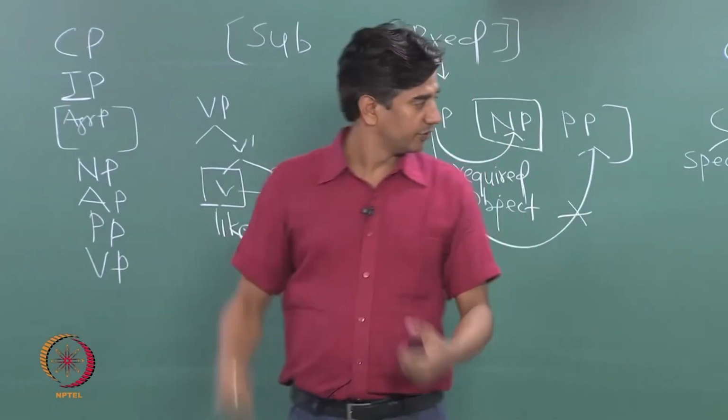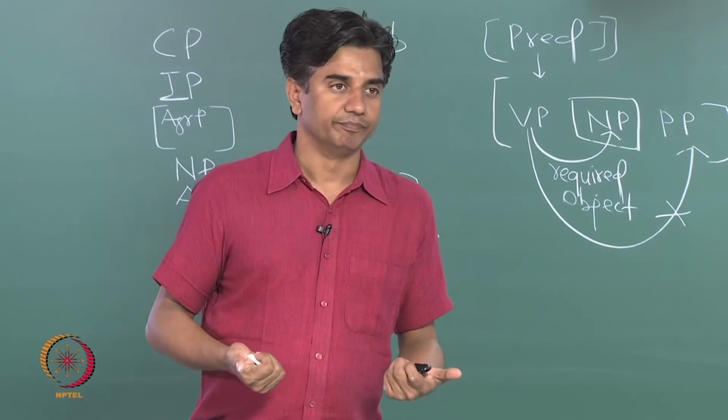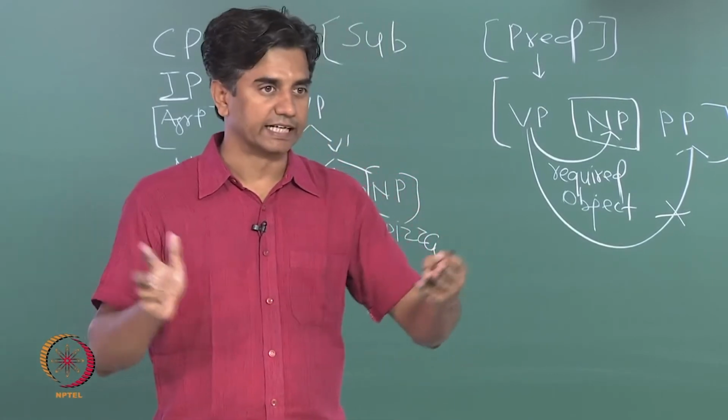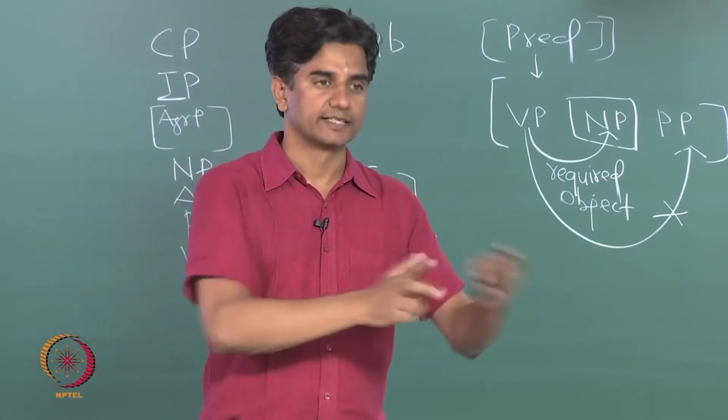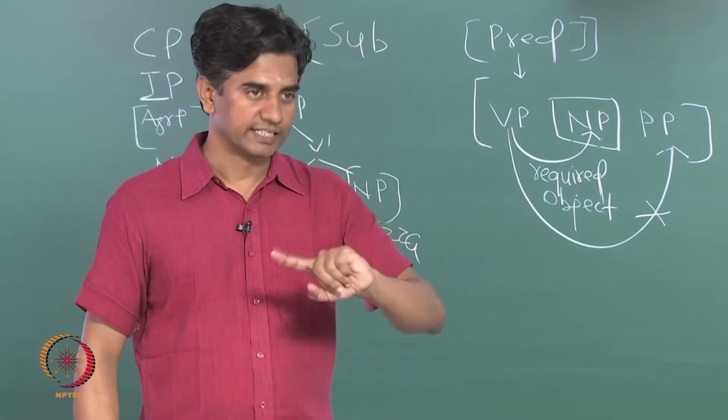This is what I meant when I said it's more than an IP. Okay? It's bigger than an IP. It's IP plus something, which is a sentence plus something, not sentence minus something.